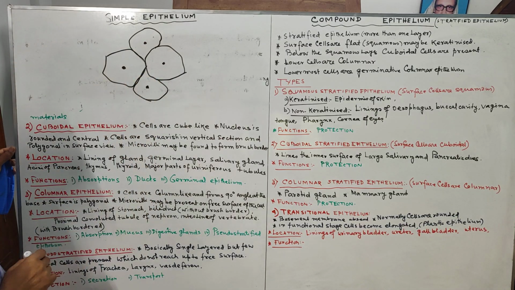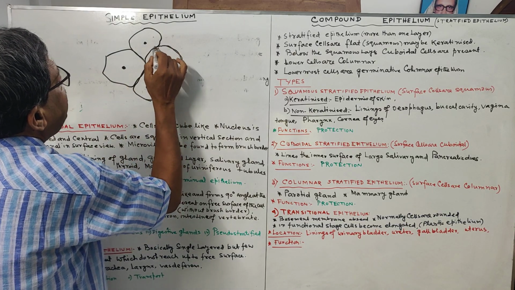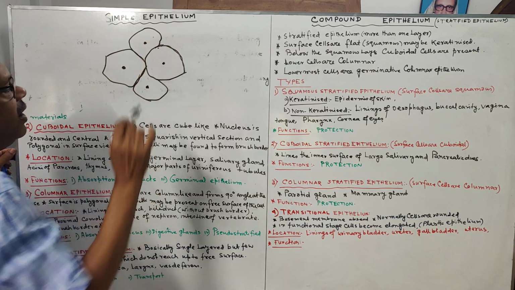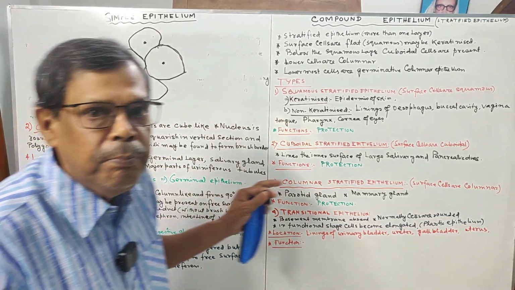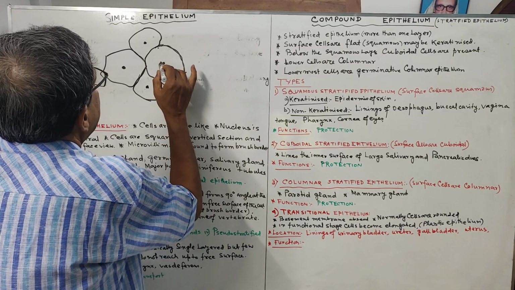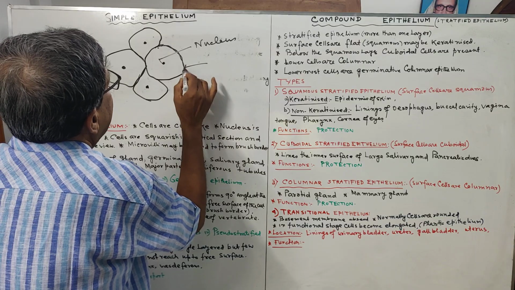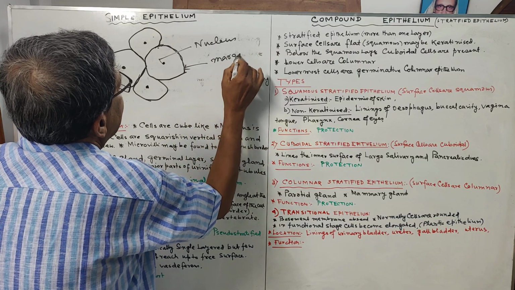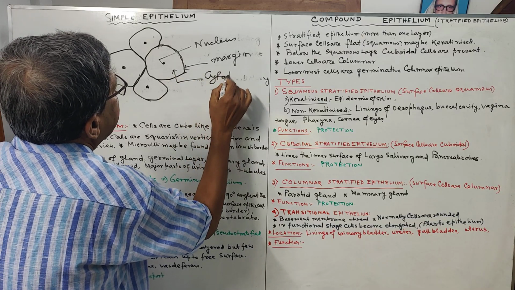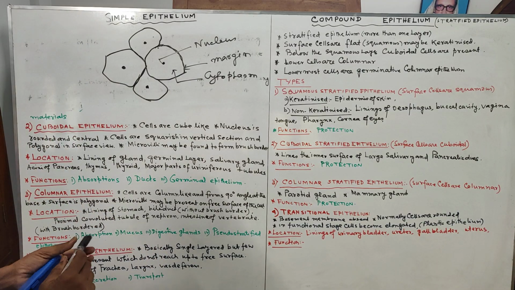The nucleus is prominent, and around the nucleus the cell margins are wavy, tessellated. It fits like tiles, so it is called pavement epithelium. This is the nucleus, the cell margin, this is the cytoplasm. This is the squamous epithelium.